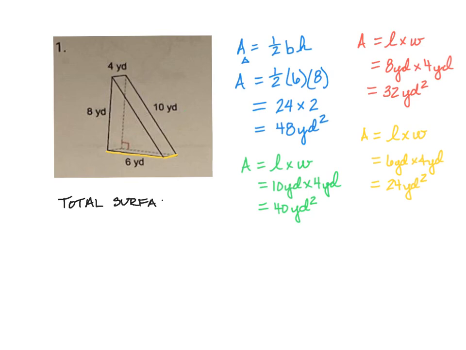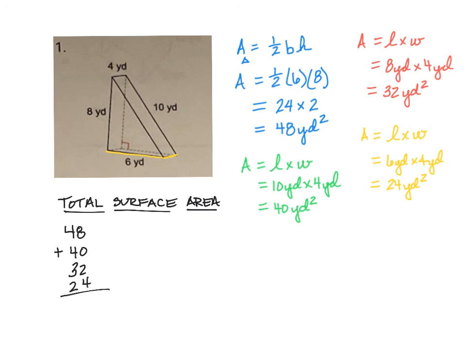All I really have to do now is take these values that I've calculated individually and add them together. So let's say 48 square yards plus 40 plus 32 plus 24.